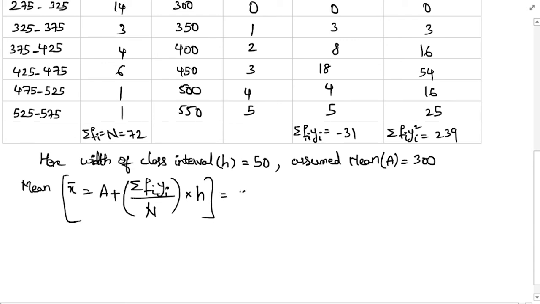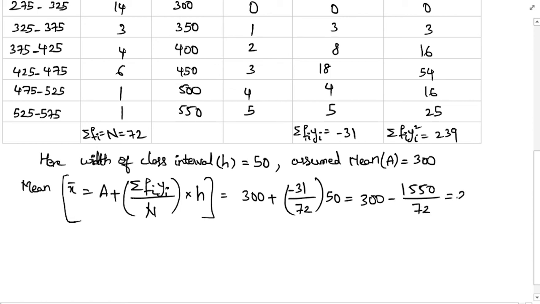So x bar is 300 plus minus 31 divided by 72 into 50. That is equal to 300 minus 1550 divided by 72. That will be equal to 278.47. Please just calculate this. So this is our mean.